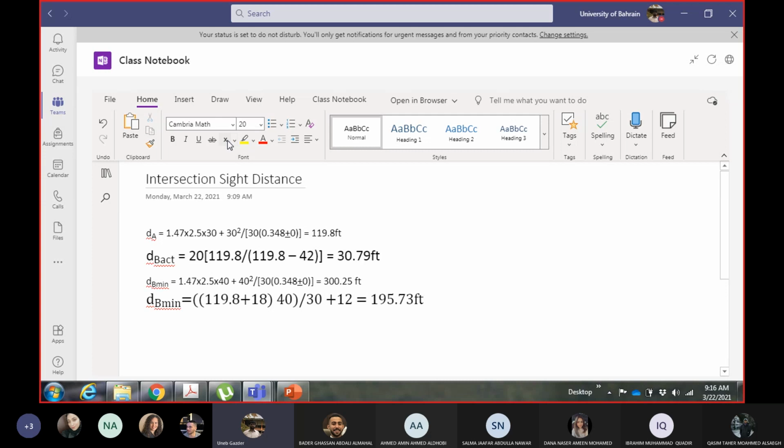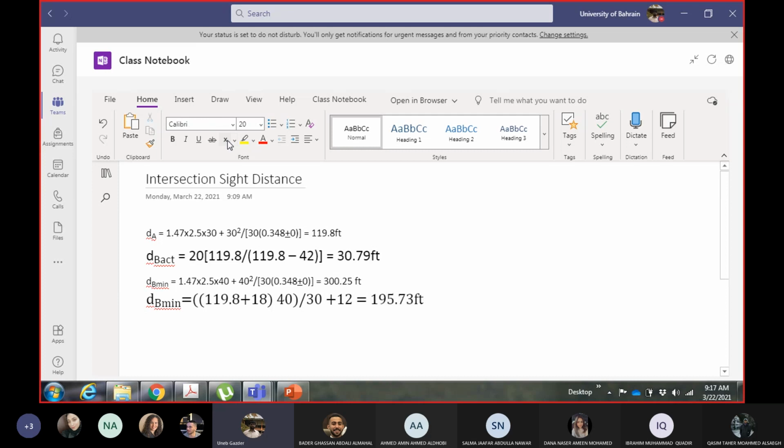Okay. Now we said dB actual should be greater than or equal to dB minimum. Okay. Now you can see both dBs are very different from each other. So let's say we were prepared to use even the historical approach, which was giving us a much lower answer. You are even satisfied with that.